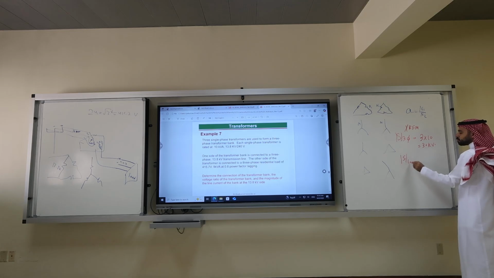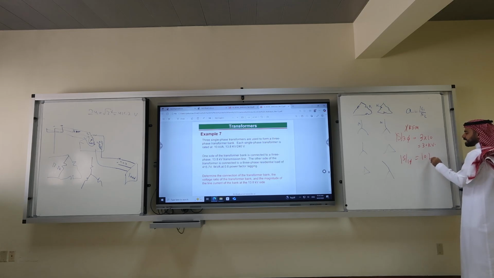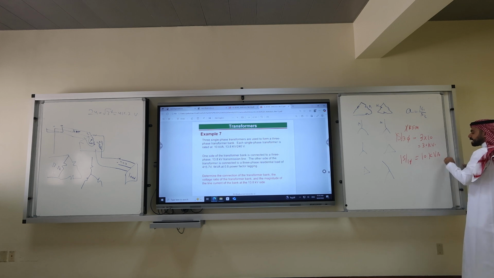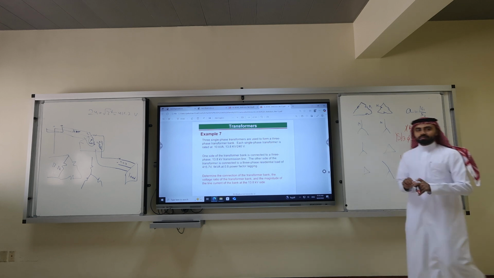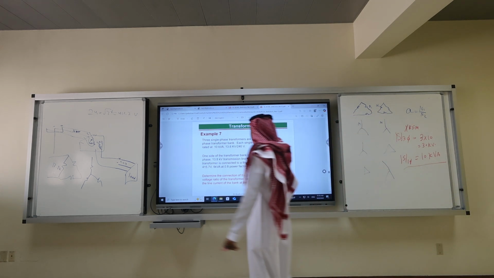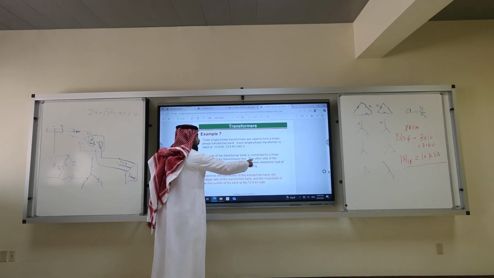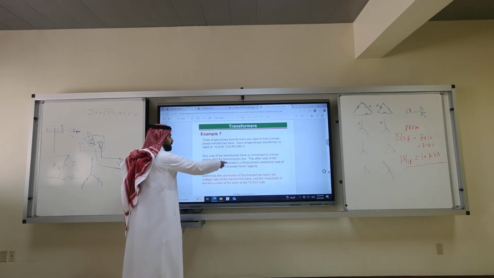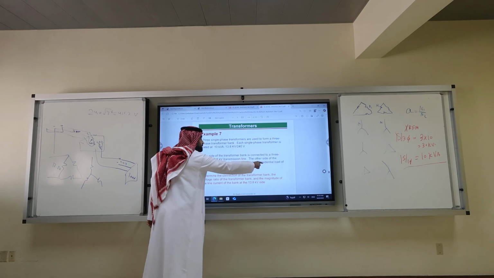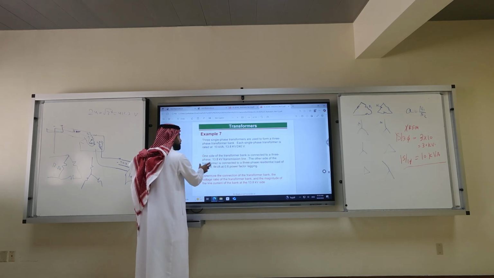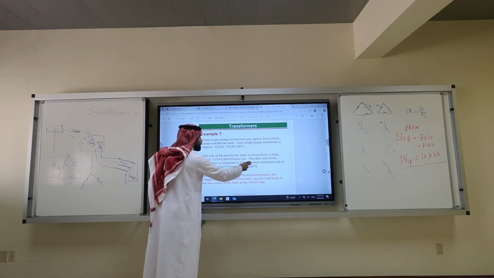The S for one phase is 10 kVA. Okay, let's read the statement about the load. The other side of the XFRM is connected to a three-phase residential load of this power factor lagging.